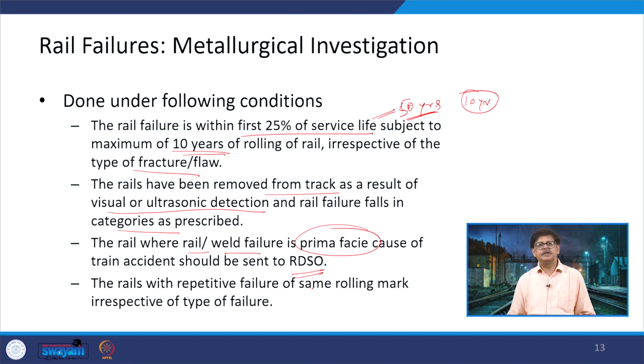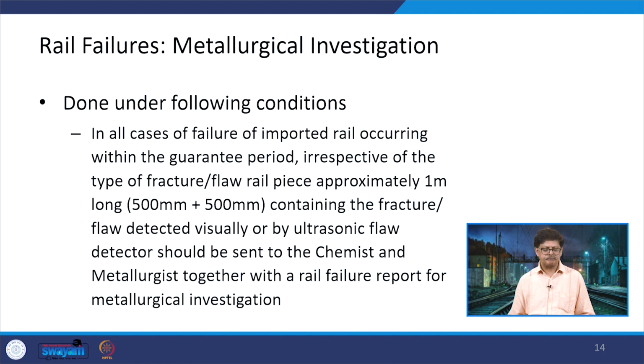The rails with the repetitive failure of same rolling mark, irrespective of the type of failure. So, in that case also it has to be sent to the metallurgical investigation. Then in the case of the failures of imported rails occurring within the guaranteed period, irrespective of the type of the failure or type of the flaw which may happen, a piece has to be taken out, and this piece is approximately 1 meter long, 500 mm and 500 mm based on wherever the flaw has occurred.